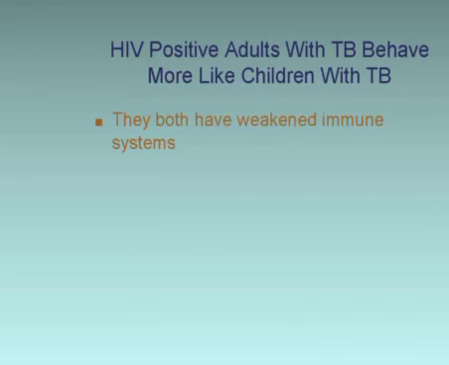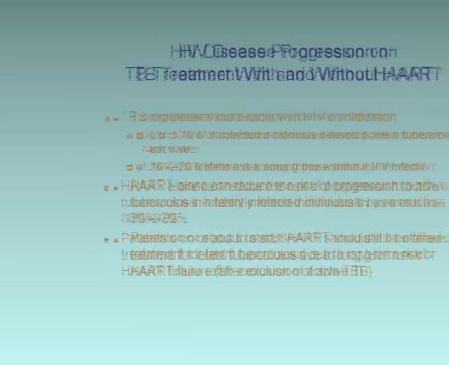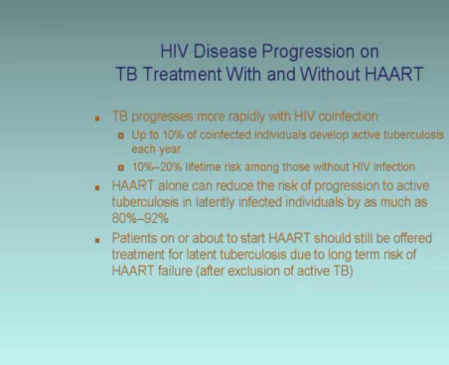HIV positive adults with TB: we're talking a lot about children because they behave very much like children with TB. They both have weakened immune systems. So, HIV disease progression on TB treatment with and without ARVs.